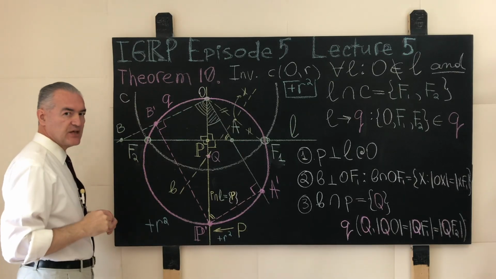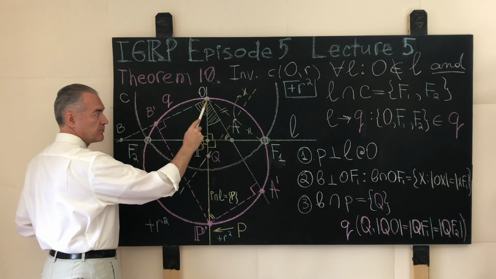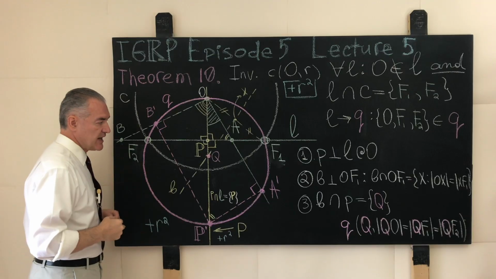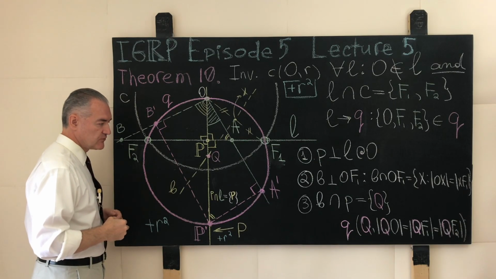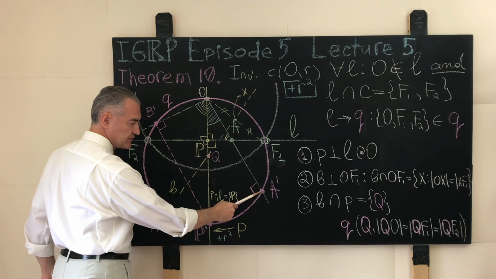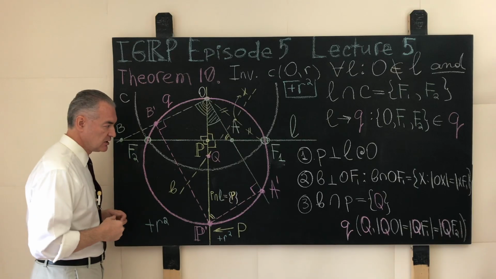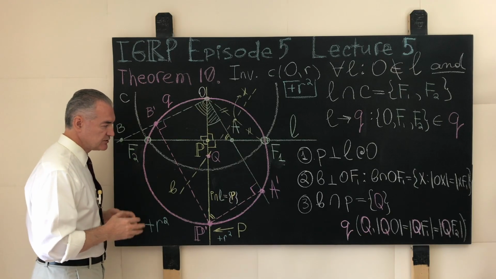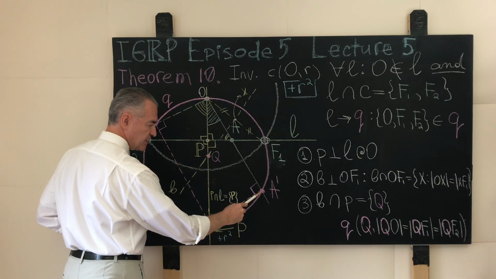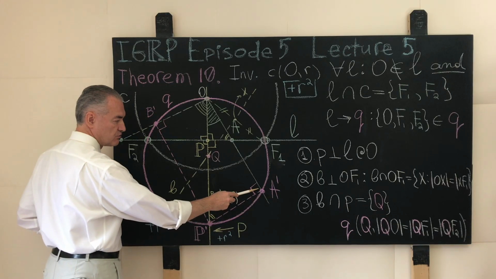But it may not be so intuitively clear why that image must pass through the center of inversion. And here, that conclusion follows again from the observation that we just made a few seconds ago, Thales' theorem, or Euclid's Elements, Book 3, the proposition that states that the angle in a semicircle in any circle is right.